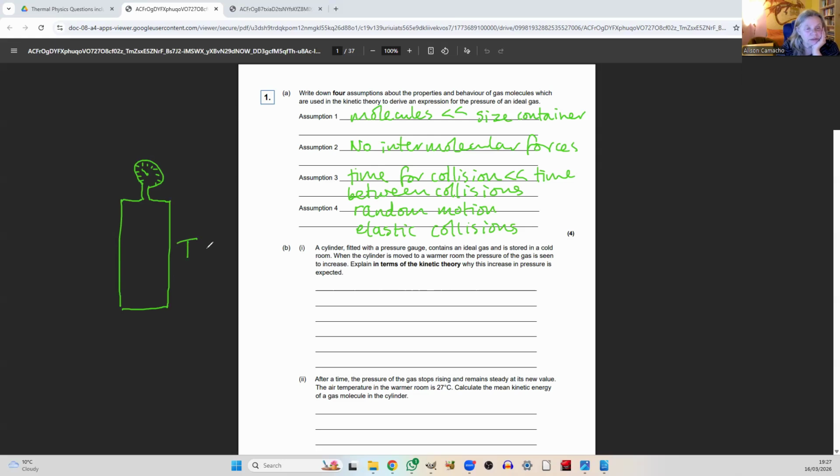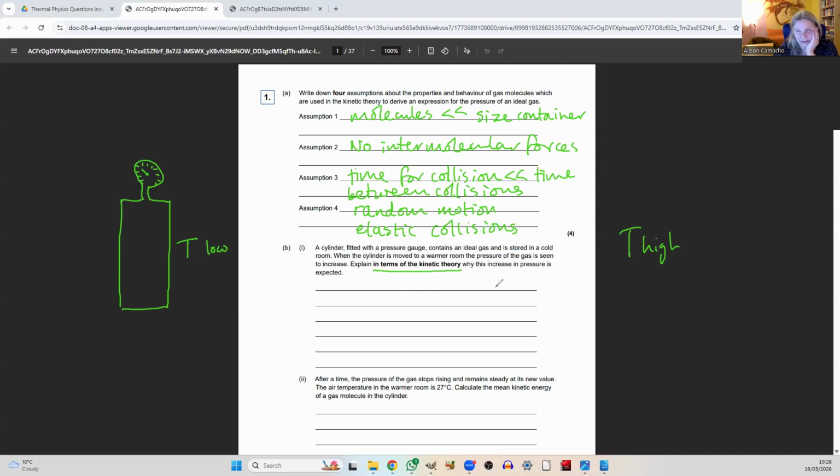So T is low. When the cylinder is moved into a warmer room, T is high. The pressure of the gas is seen to increase. Explain in terms of kinetic theory why the increase in pressure is expected.